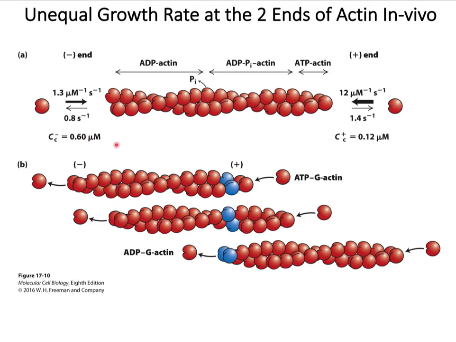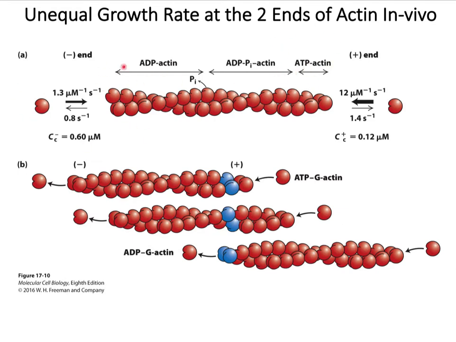Thus, at less than 0.6 micromolar concentration, something like in a cellular condition like 0.3 micromolar, the minus end will lose actin subunits. But at the same time, at the plus end, 0.3 micromolar is higher than the critical concentration, and the subunits are going to be added and the chain will grow at the plus end.